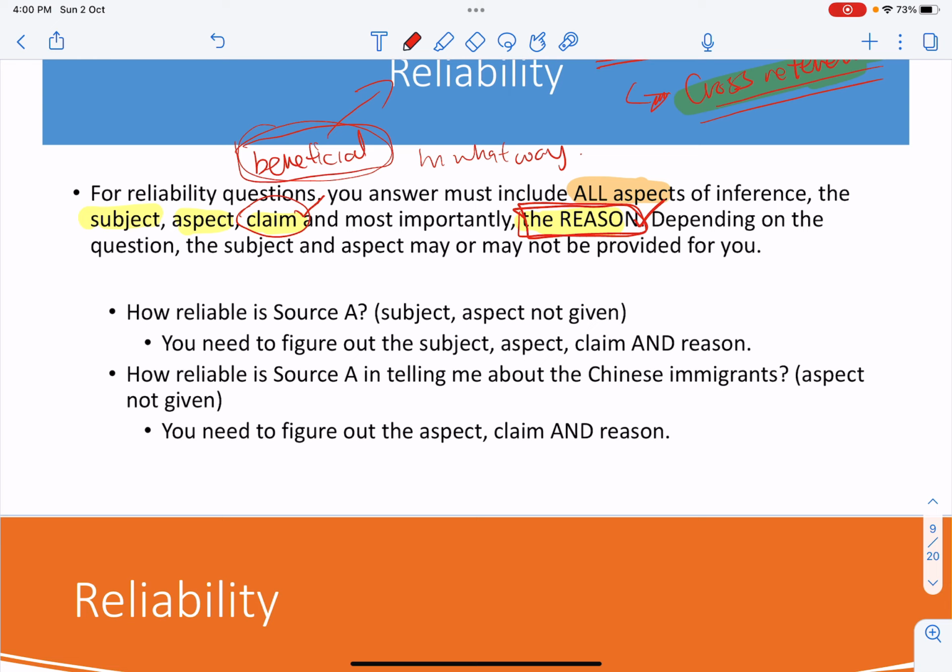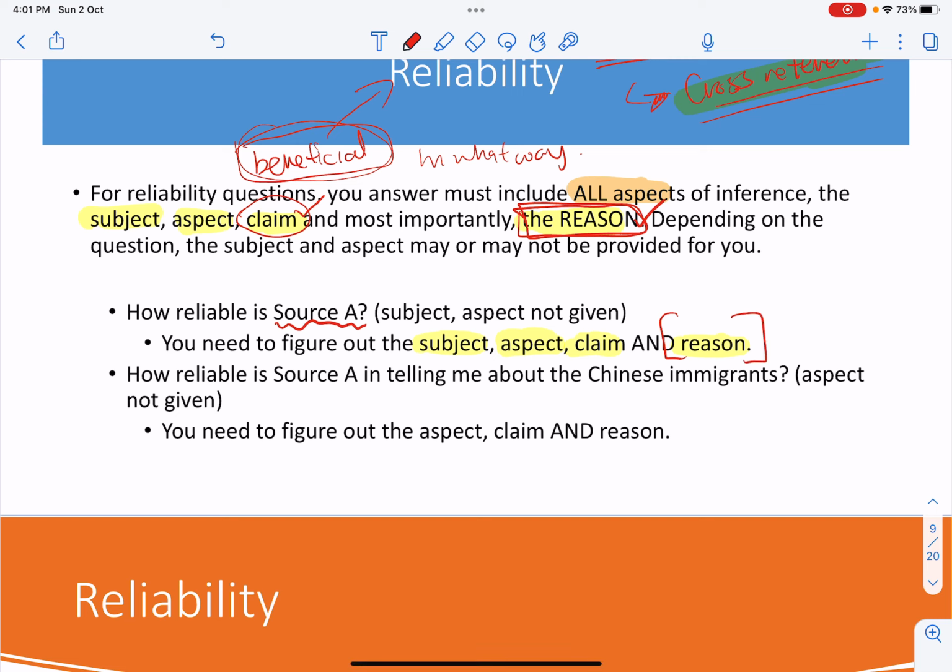You must figure it out. For example, if they just say how reliable is source A, then please go and find out for me, similar to your comparison, what is the subject you're going to talk about, what is the aspect of the subject you're going to talk about, what exactly is the claim, and finally, most importantly, find out in what way, right?